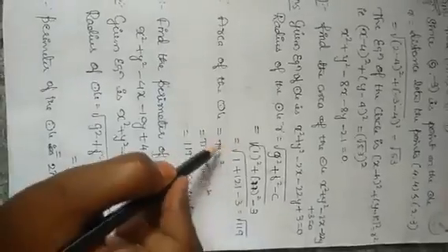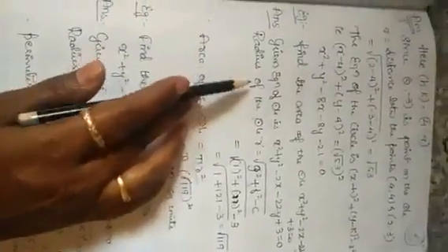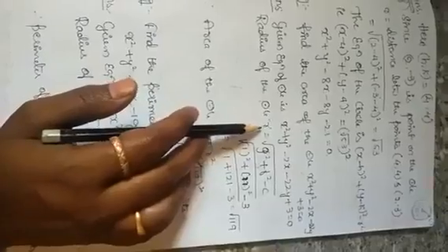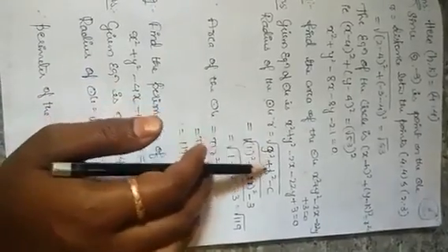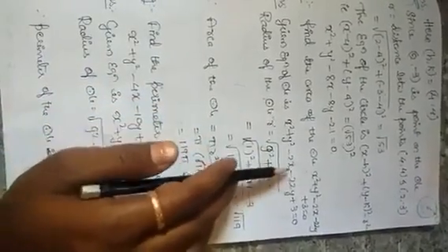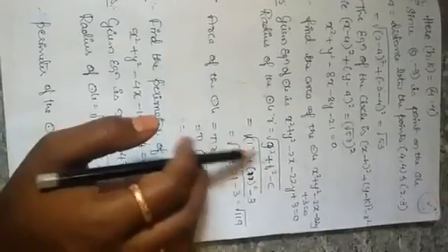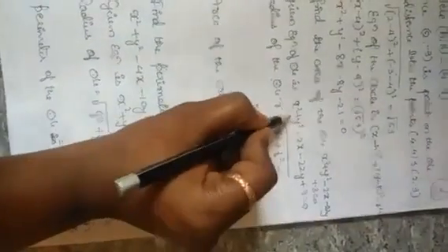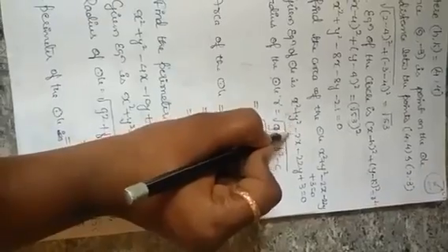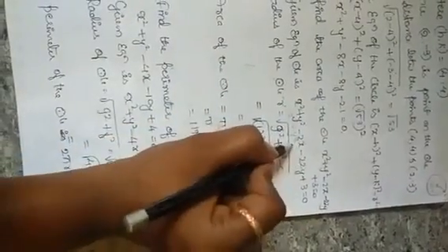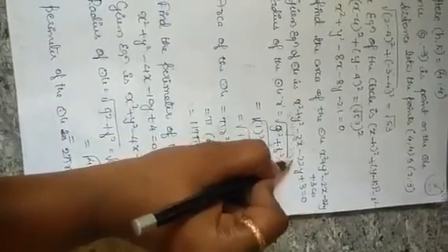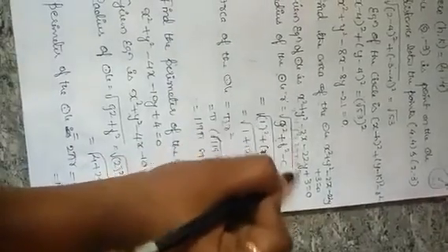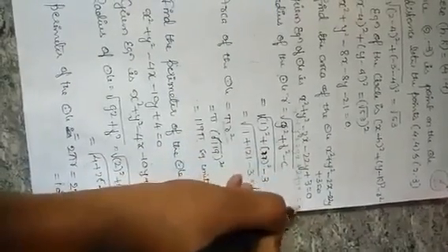To get the value of the radius from the equation, the radius of a circle is equal to root of g square plus f square minus c. The value of g is 1, and f is 11. Why? Because the standard form is x square plus y square minus 2gx minus 2fy plus c is equal to 0.